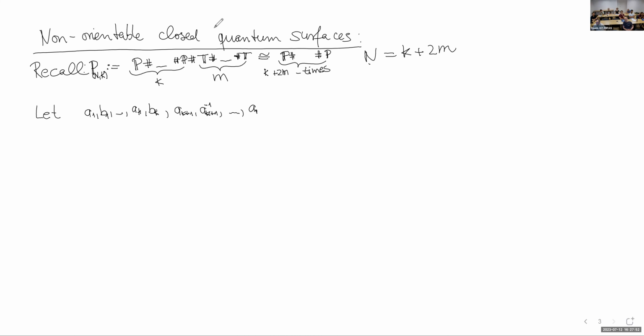A_N, up to N minus 1. These are arcs, the parameterizations of the boundary, starting and ending at the same point.